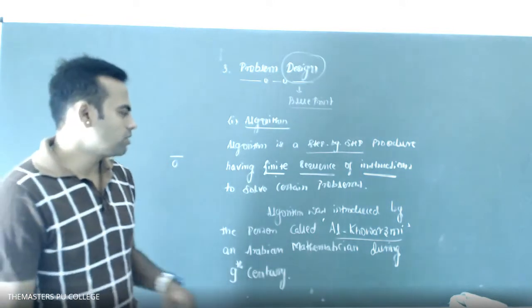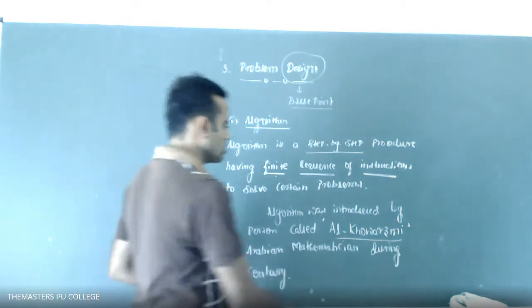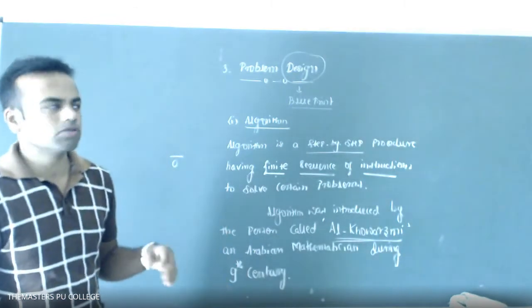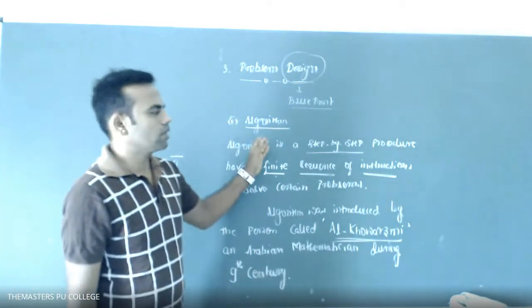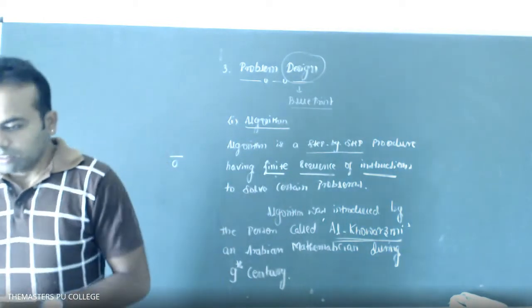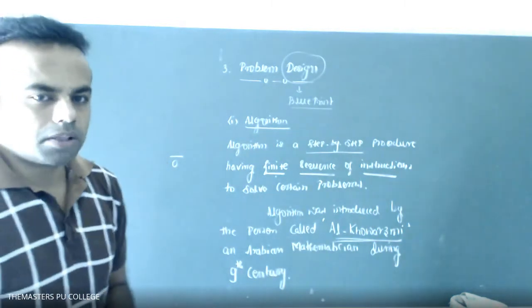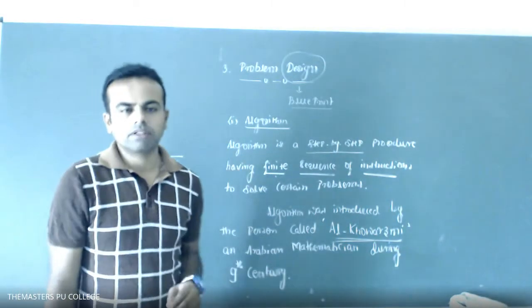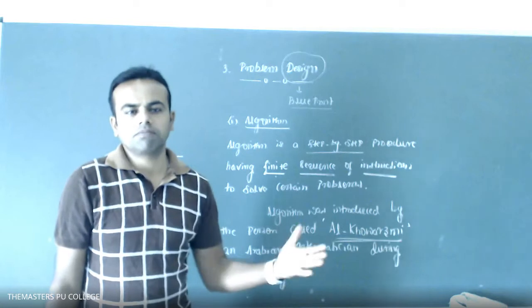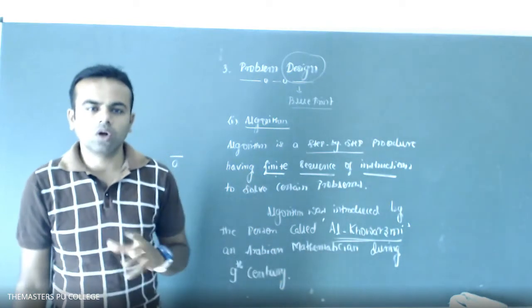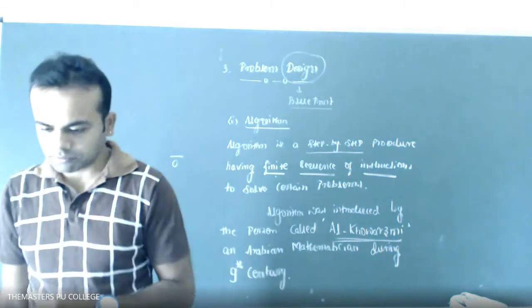Right? So he was the introducer of the algorithm. In the memory of Al-Khwarizmi, the problem solving technique has been named algorithm. He is the Arabian mathematician who introduced the step-by-step procedure of problem solving. So it's called algorithm, right?